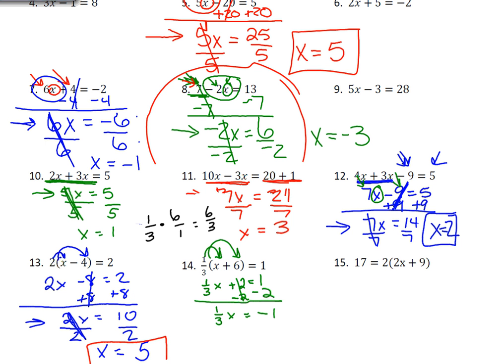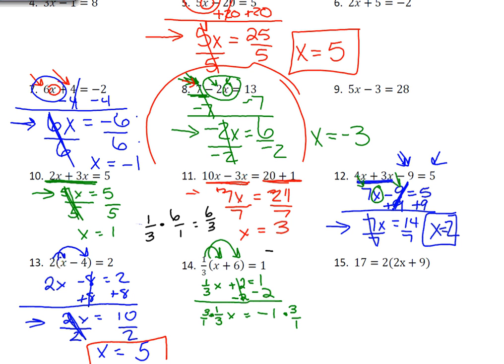Now for this one here, we have a fraction. So what they did was they multiplied by 1/3. Okay. Normally I would say divide by 1/3, which is really what we're going to do. But when I have a fraction, we multiply by the reciprocal, which means we're going to multiply by 3 over 1, both sides. Okay. We need to do this over here so you can see it.